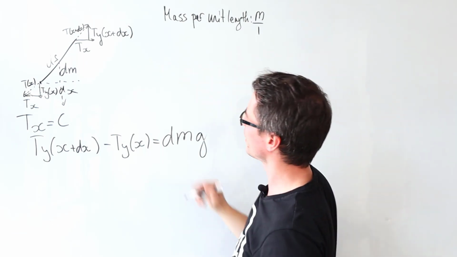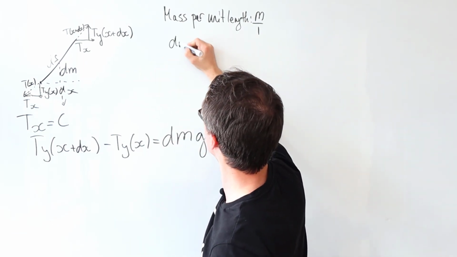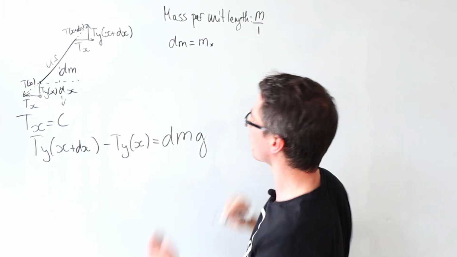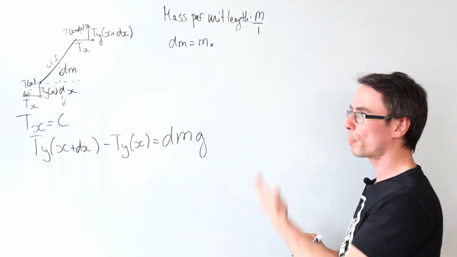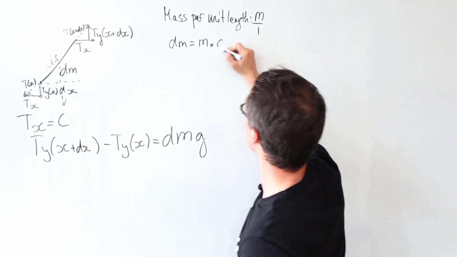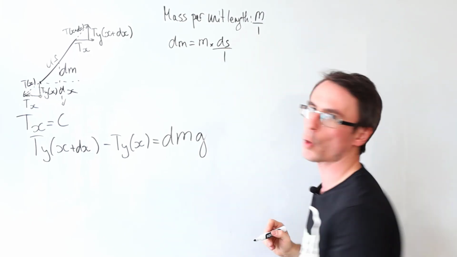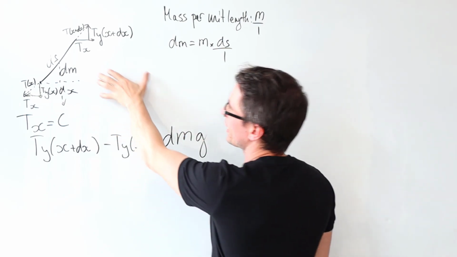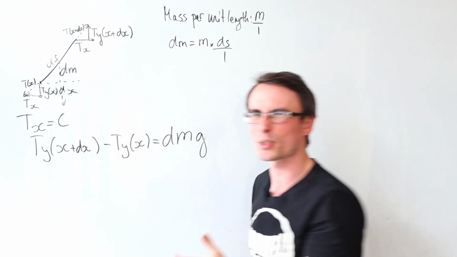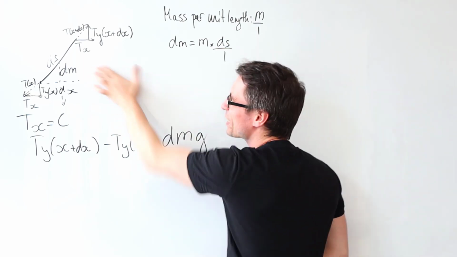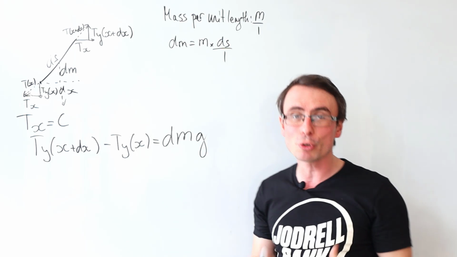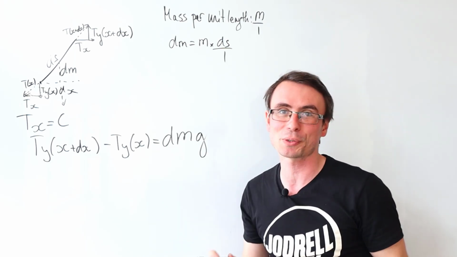Well, if we apply this to dm, this will have to be equal to the total mass multiplied by the proportion of its length divided by the total length. For instance, if the total length was, let's say, 10 meters and this segment here was just 1 meter, then its mass will be 1/10 of that, but that here is assuming uniform mass distribution.